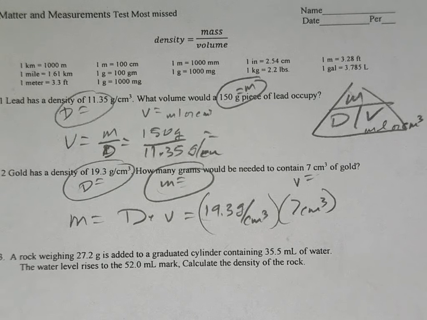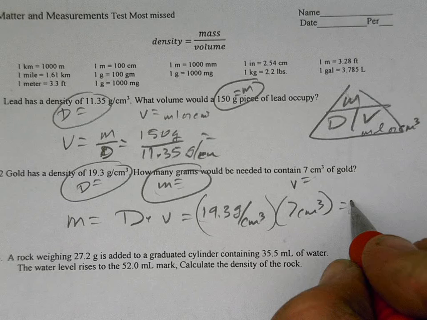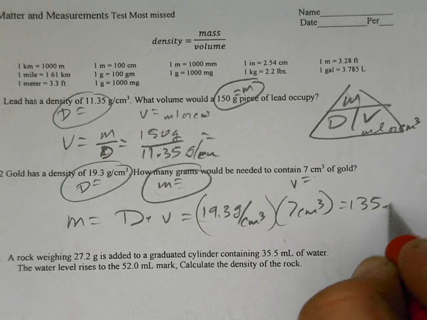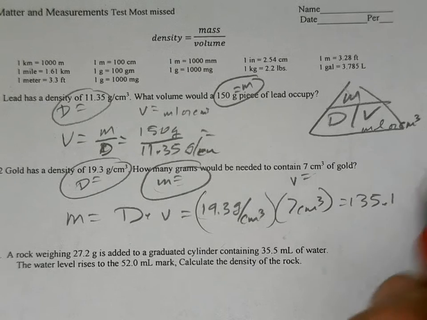Let me get a calculator here. 19.3 times 7. Okay, I got 135.1. Let me double check. Always double check your calculations. 19.3 times 7. Okay, I got the same thing.